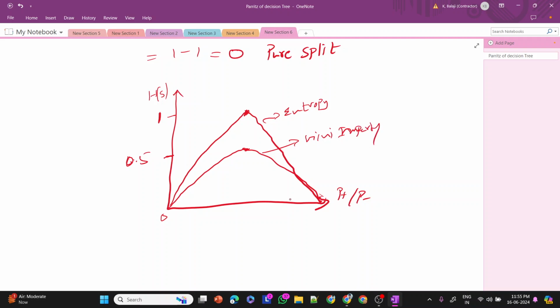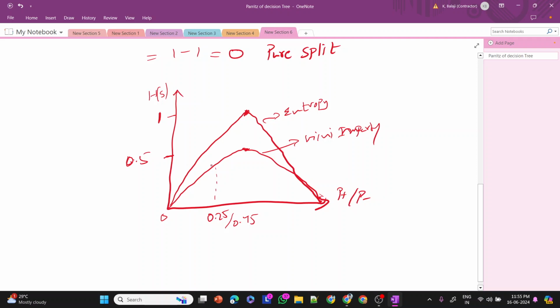For example, say we have the probability of plus as 0.25 and the probability of minus as 0.75.